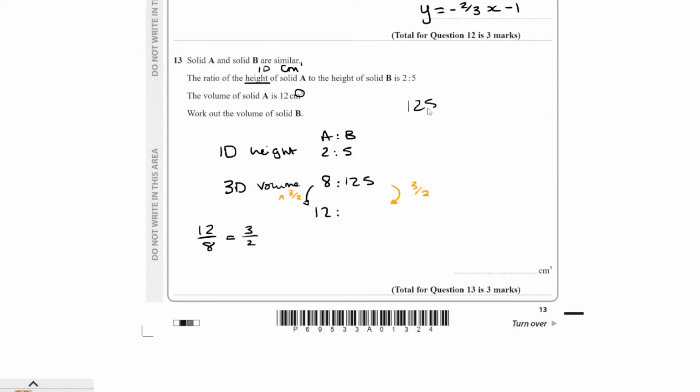So 125 times by 3 over 2 is the same thing as dividing it by 2, so halving it, and then timesing by 3. So half, this is why I say it's not ideal, because you're going to get a decimal. Half of 125, if you half it, like 120 is 60, isn't it? And then 5 is 2.5, so that's 62.5.